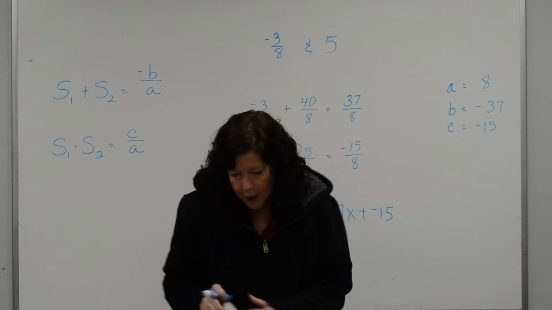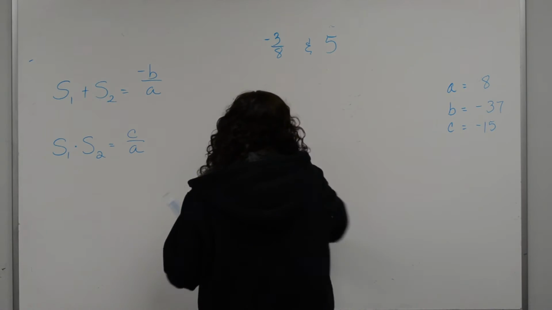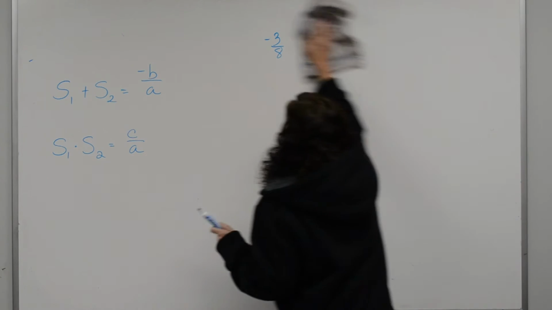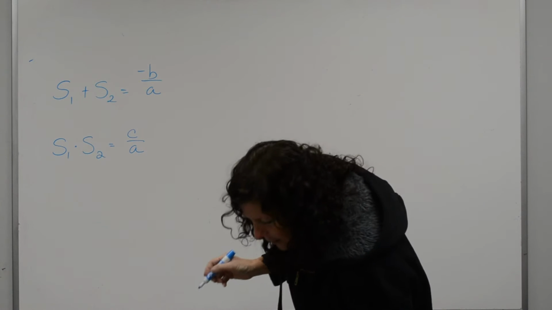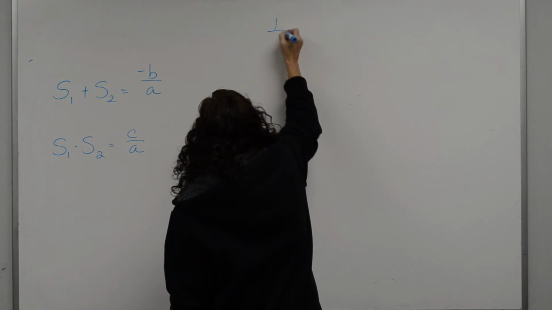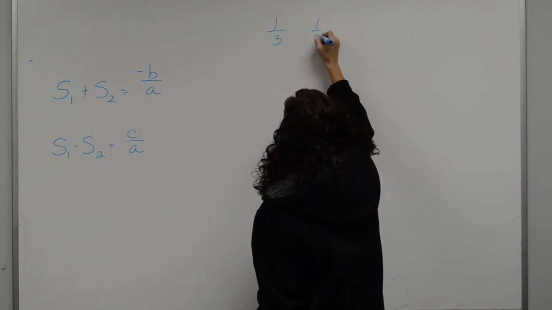All right, try this one. Give it a shot on a sheet of paper. You're trying to find the equation, so don't stop until you put it in equation form. Your solutions or zeros are 1/3 and 1/2.